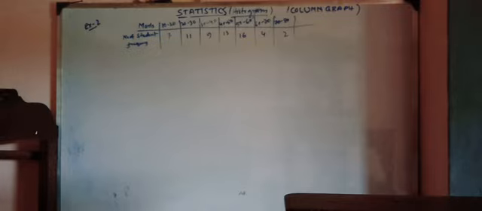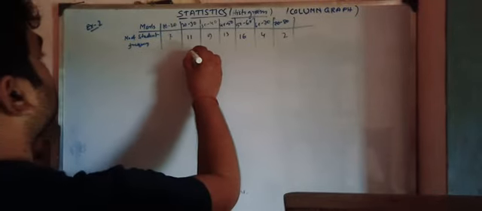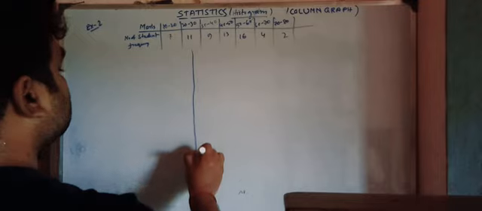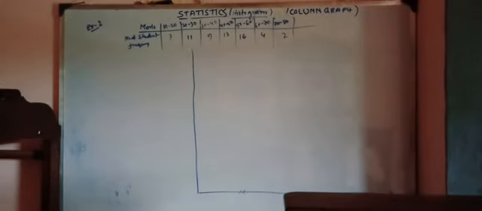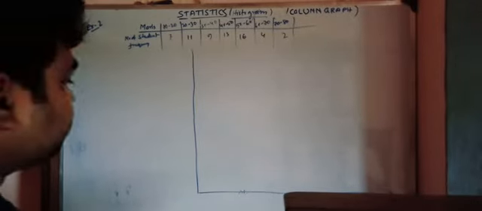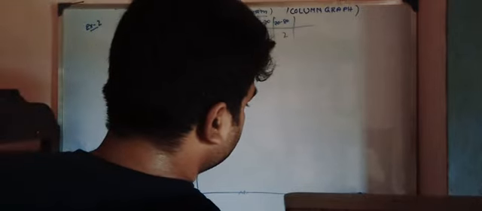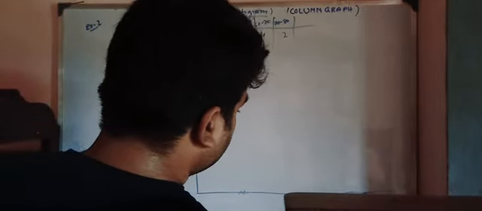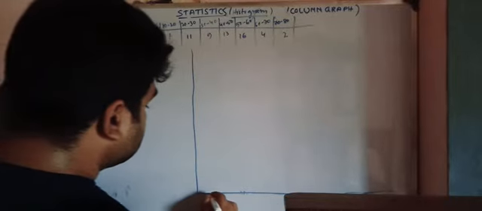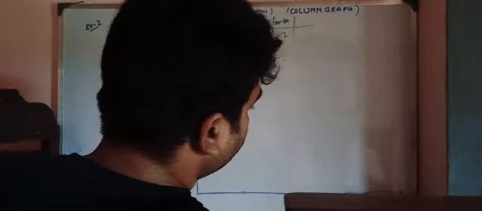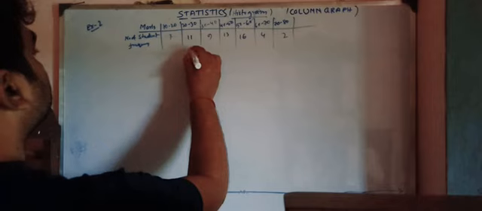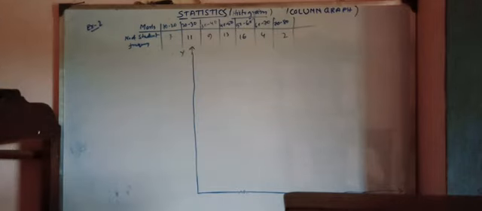Now for that again we have to draw two axes, one vertical axis and one horizontal axis. Hope you are able to see. Now this is x, this is y. Again we can divide it.